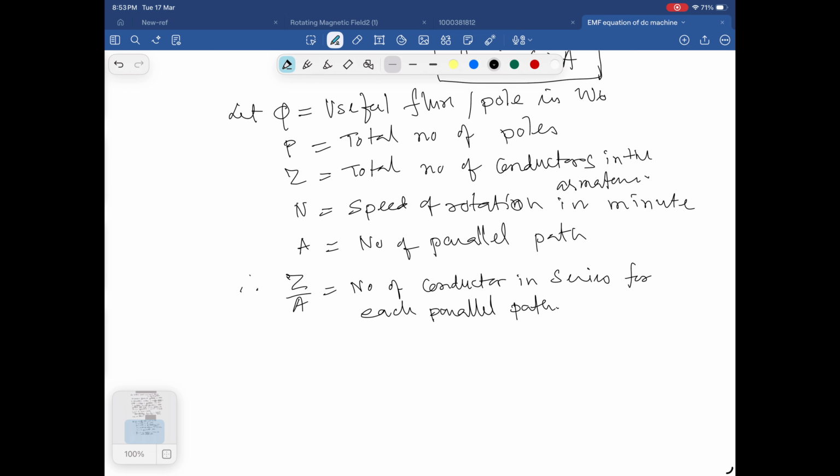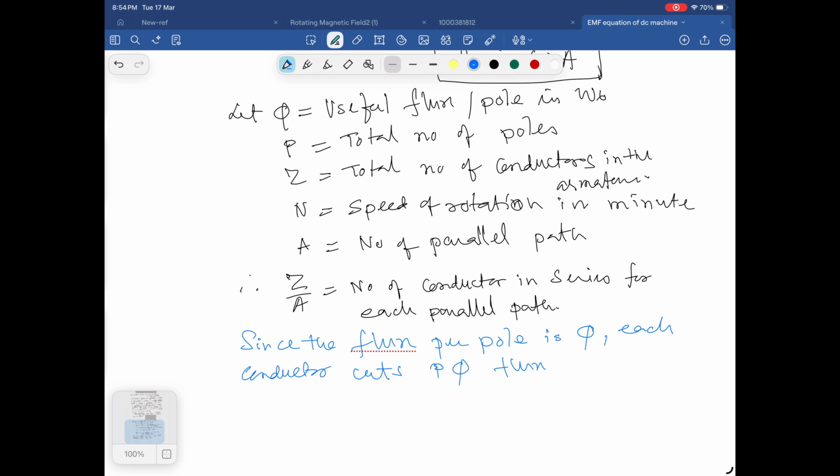Since the flux per pole is phi, and if there are a total of P poles, each conductor cuts a flux P phi in one revolution. For one revolution, the flux cut by each conductor is P phi.